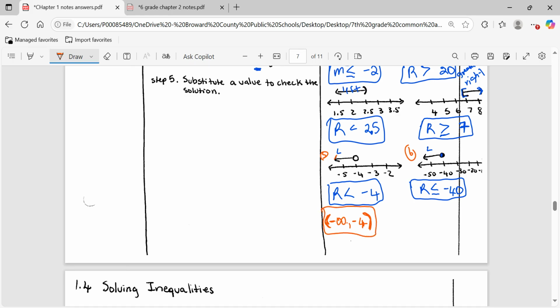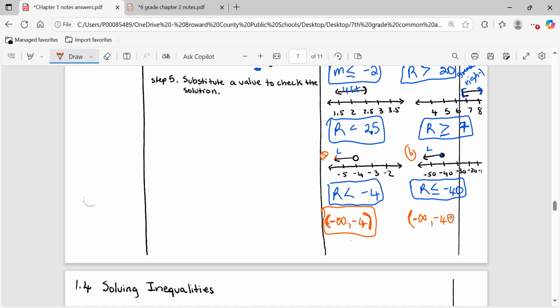You're like, what? Let's see that again. Here's number 6, coming in from the left on the negative side. So every number from the negative, and that side is always going to be an open parenthesis, every negative number, and then it's going to stop here at the -40. Keep in mind this -40 is a closed circle. It includes it.